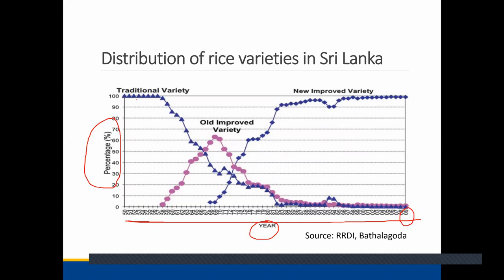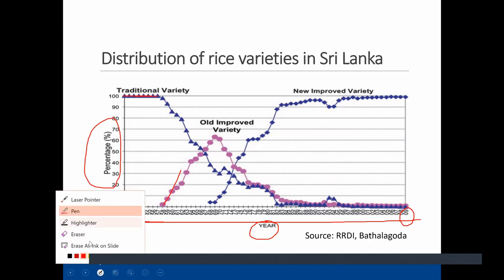For example, this blue line with triangles is the traditional variety, the purple line is the old improved varieties, and the dark blue line with squares is the newly improved varieties.